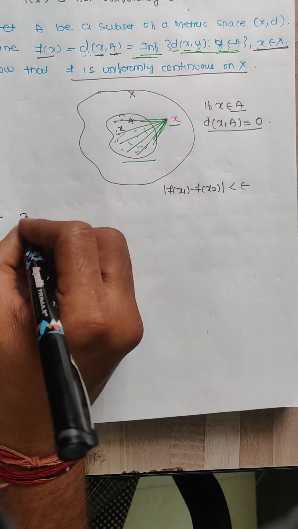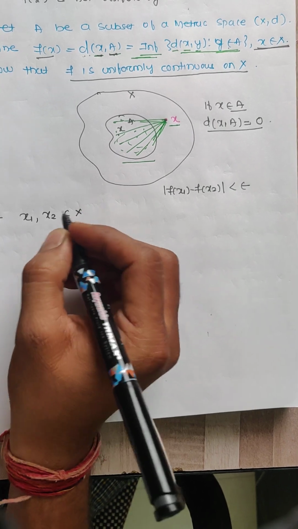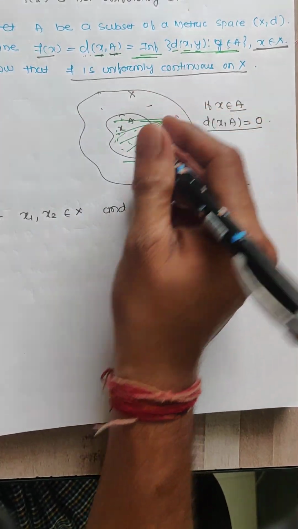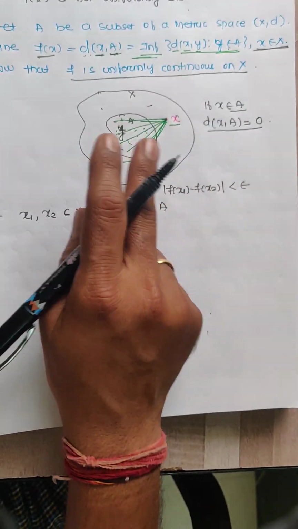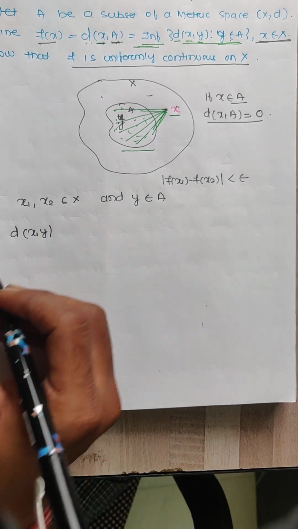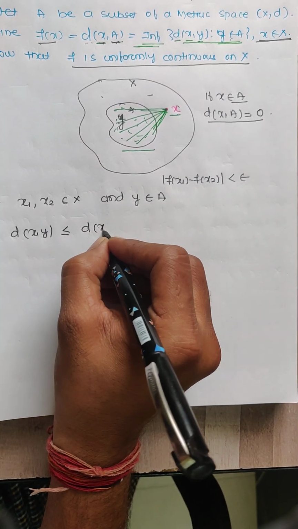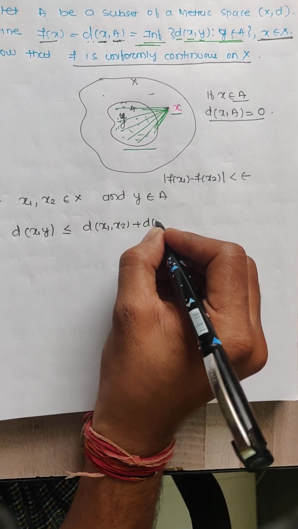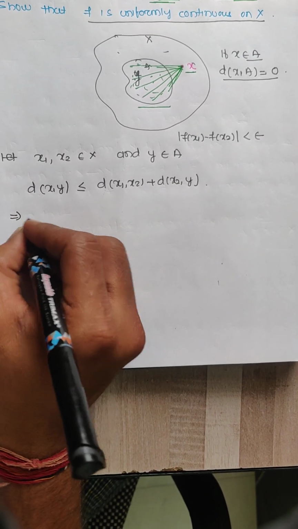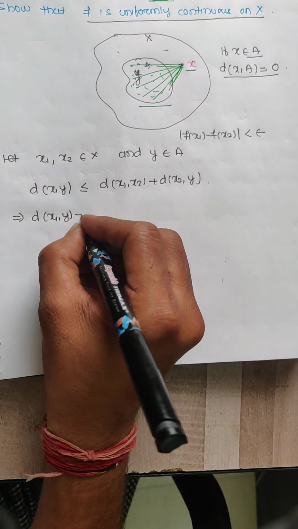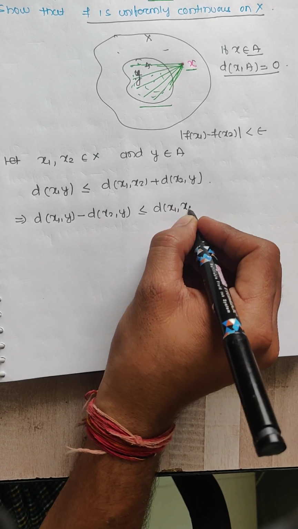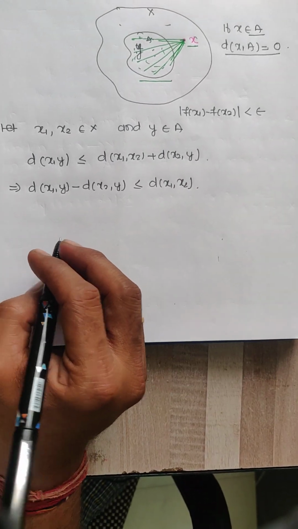Let us consider 2 points x1, x2 belongs to X and a y in A. So I take any 2 points in X and y, an element in A. The distance between x1 and y is less than or equal to distance between x1 and x2 plus distance between x2 and y, by triangle inequality. Now we can say that distance between x1 comma y minus distance between x2 comma y is less than or equal to distance between x1 and x2. That is equation 1.